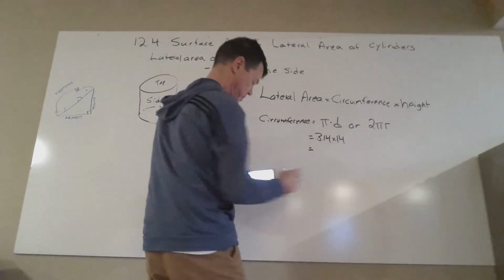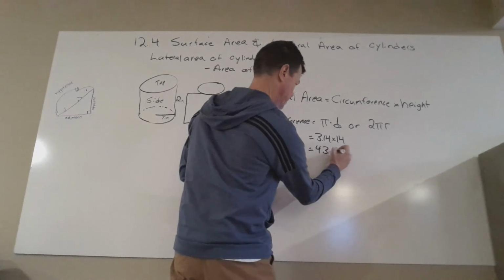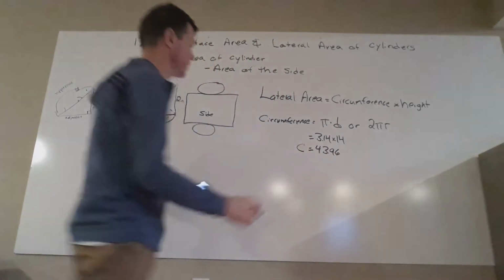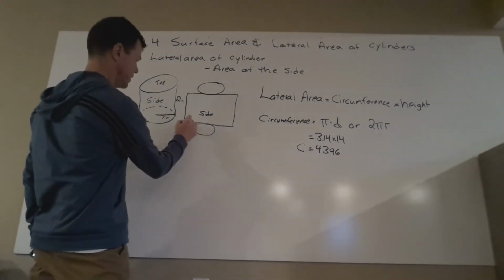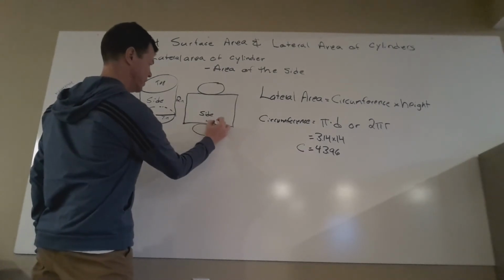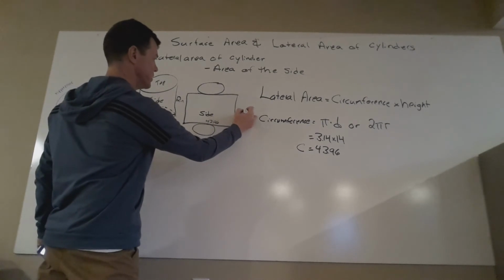Circumference equals 43.96. That's not the area, that's circumference. Circumference is 43.96. So that's basically going to be the distance from this point to this point, 43.96. The height we already know is 12 inches.